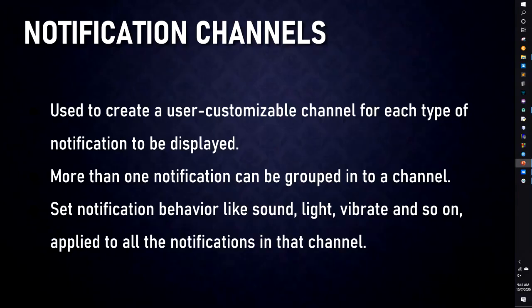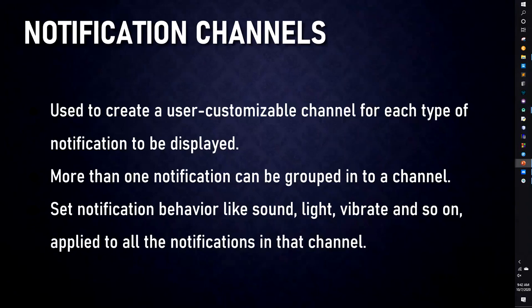If we only had one channel for our notifications, when the user blocked that channel, we would not receive any kind of notification. Instead, we have separate notification channels, so that we can block one and stop receiving only those notifications.